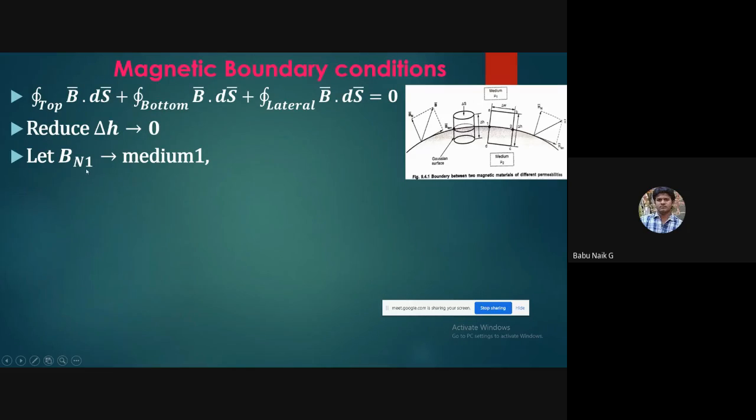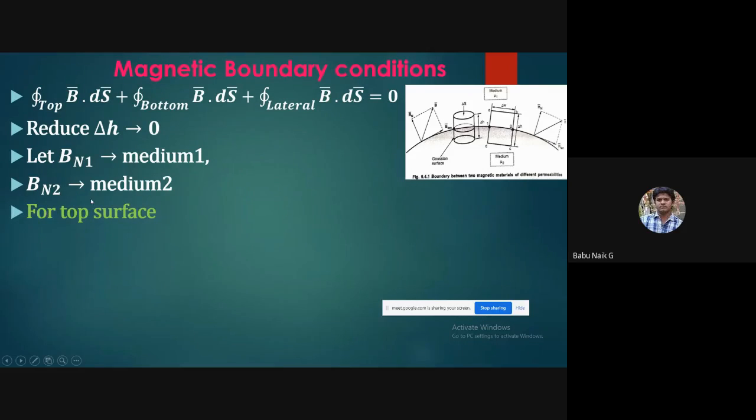So Bn1 is the magnetic field normal to the boundary condition line, where normal means perpendicular to the boundary line. Bn1 is in medium 1 and Bn2 is in medium 2. This direction is Bn1, and opposite to Bn1 is Bn2, which is in medium mu2 here.